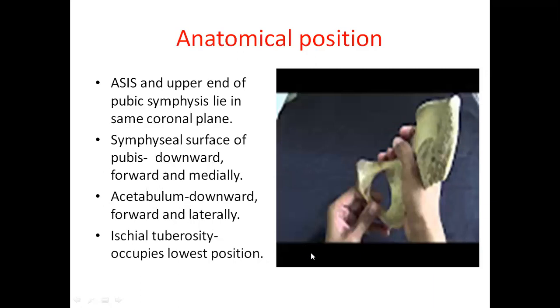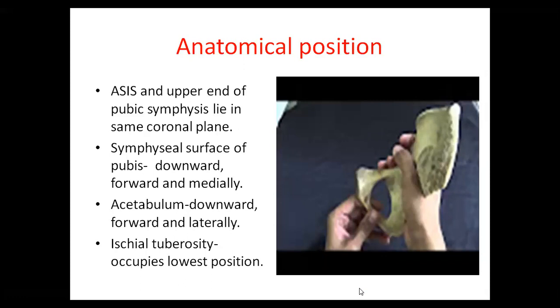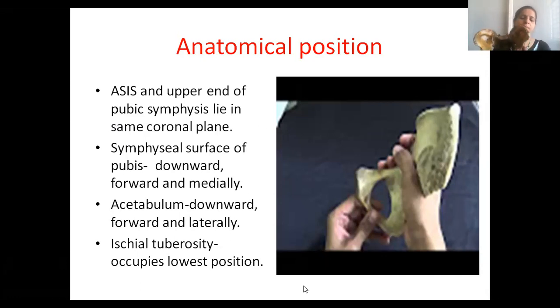Anatomical position. Now, I'll try to show you, so simultaneously, if you can see here. So what is written here, anterior superior iliac spine. If I hold this, this is the anterior superior iliac spine, okay, and this is the upper end of the pubic symphysis.